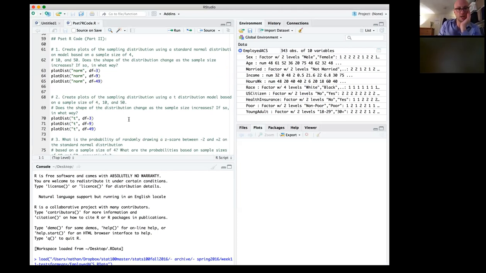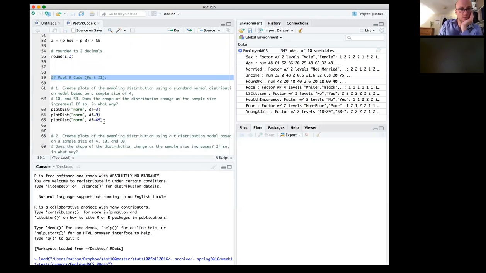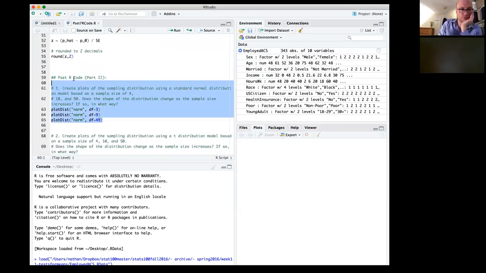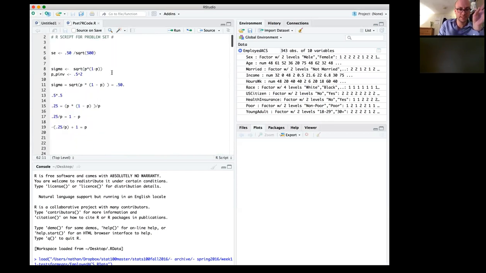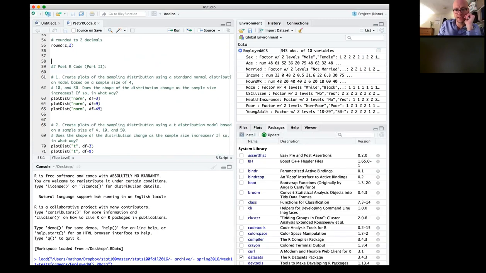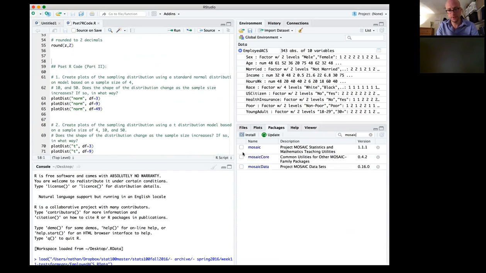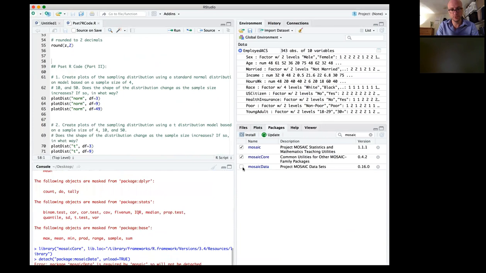If you look at this code here, I just want to show this plot dist function. Oh shoot! Because of updates, we may run into problems with this. I realize, because I just installed the newest version of Mosaic. I'm going to install these packages. This is one way to install and load packages once they're installed.